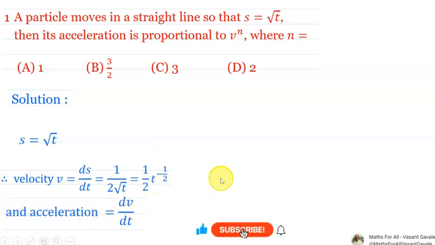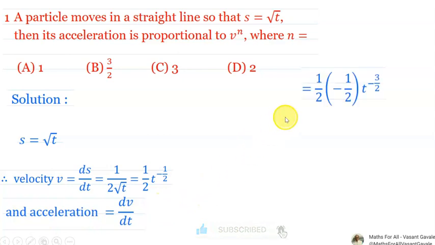Second differentiation, acceleration dv by dt is equal to minus 1 upon 2 into 1 upon 2 into t raised to minus 3 by 2, and this is nothing but minus 2 into v raised to 3, because the value of v is equal to 1 upon 2 into t raised to minus 1 upon 2. Hence it becomes minus 2 into v raised to 3, and hence the value of n is equal to 3.